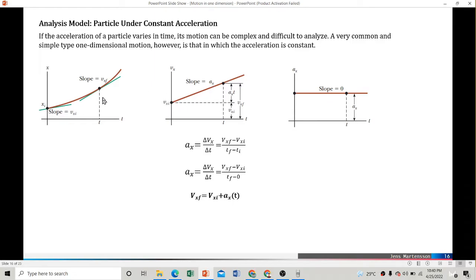So di ba as we observe here in the x-t diagram, at every point the slope is the specific velocity at that specific time.